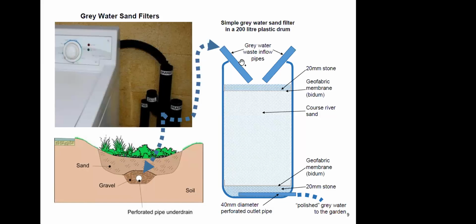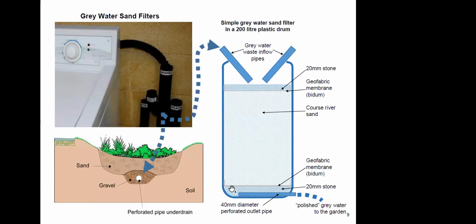The example in the sketch on the right-hand side is something that I've done at home several times. This is a plastic 200-litre drum. They come in various sizes. I drilled a hole at the bottom where I put a 40-millimeter outflow pipe, and I perforated it. Not on the outside, of course. And then I started filling it up.